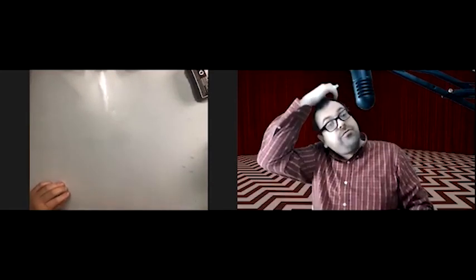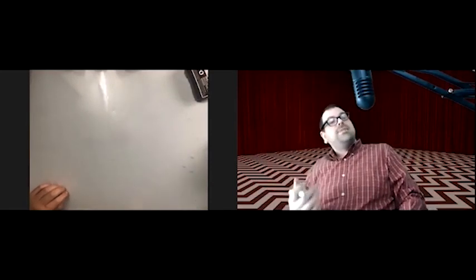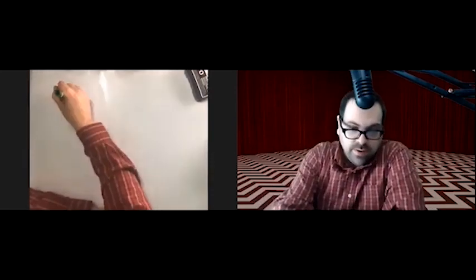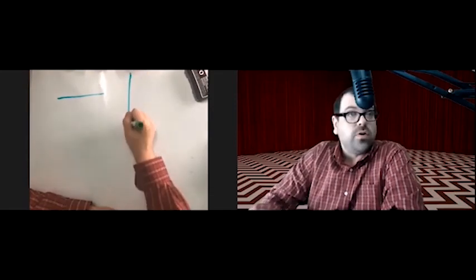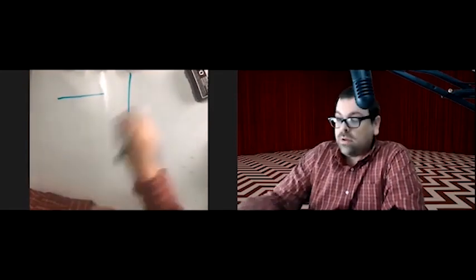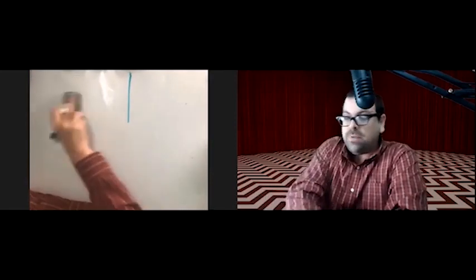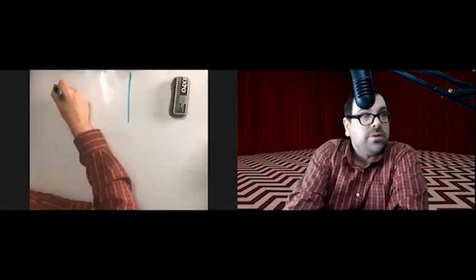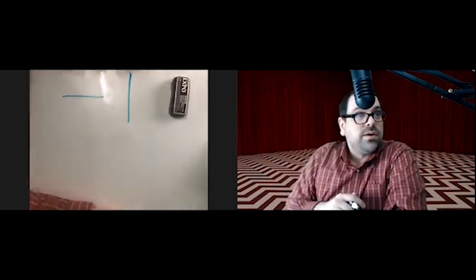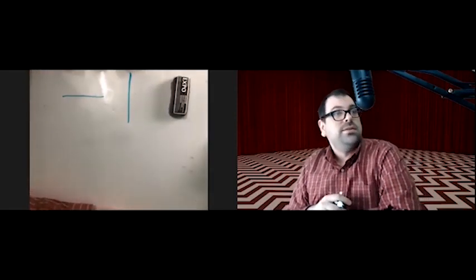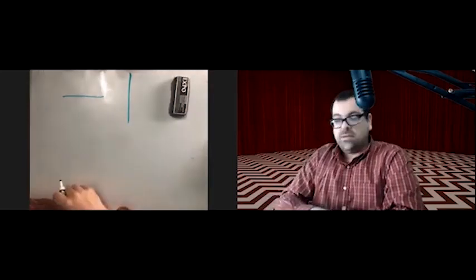But for now, I would like to point out that we can have 4 types of lines based on what we've seen. Horizontal, vertical, and my camera apparently is a little bit tilted, so let me see if I can make this horizontal. There we go, horizontal, flat.